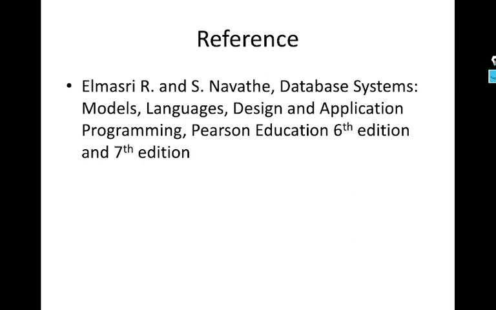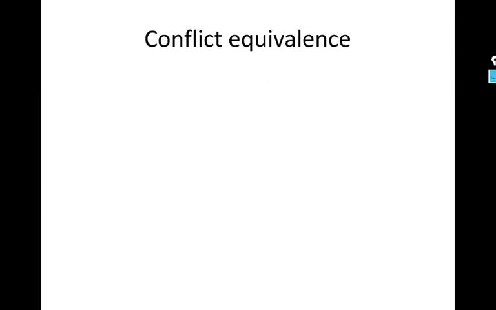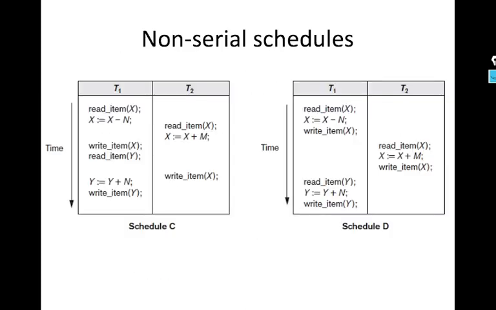If we take the previous example, schedule C, we have to check the conflicting operations. Here read, here again read, then after that, we get a write here. So there is a conflict here, read and write.